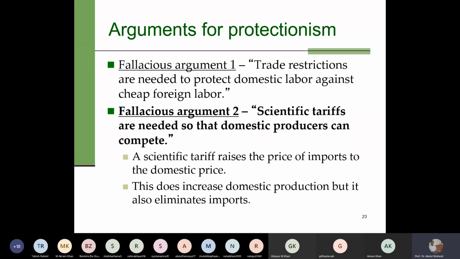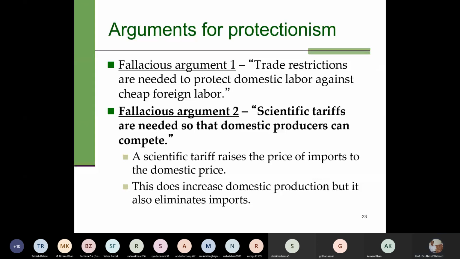Then there is another argument, which says that scientific tariffs are needed so that domestic producers can compete. We say that our producers cannot compete with foreign producers because our cost of production is high and the foreign producers' cost of production is low. So this argument says that we have to impose a scientific tariff. And what is a scientific tariff? A scientific tariff raises the price of imports to the domestic price.